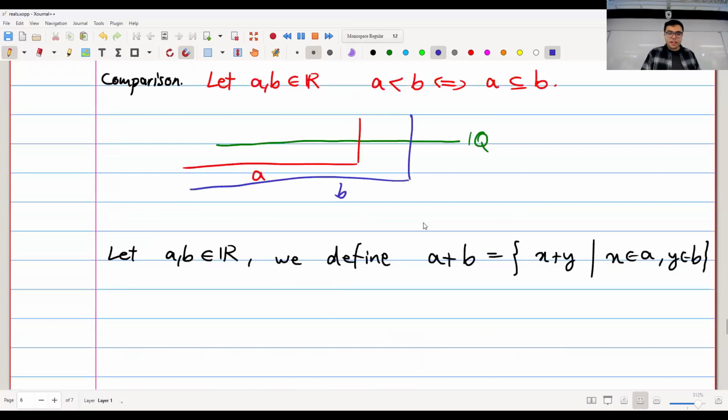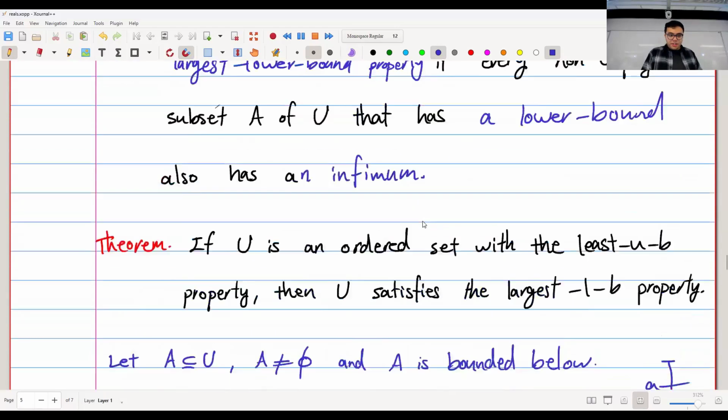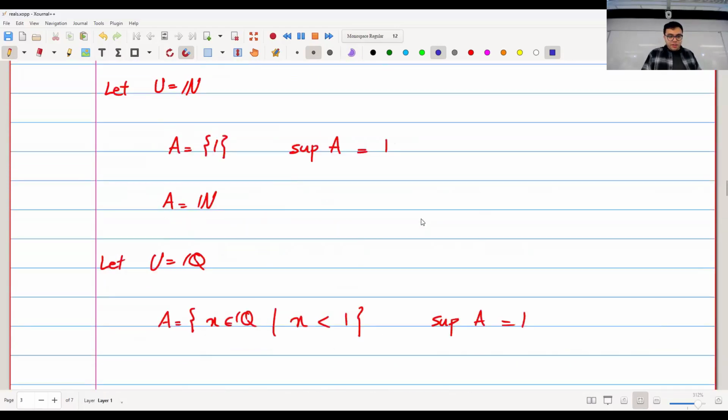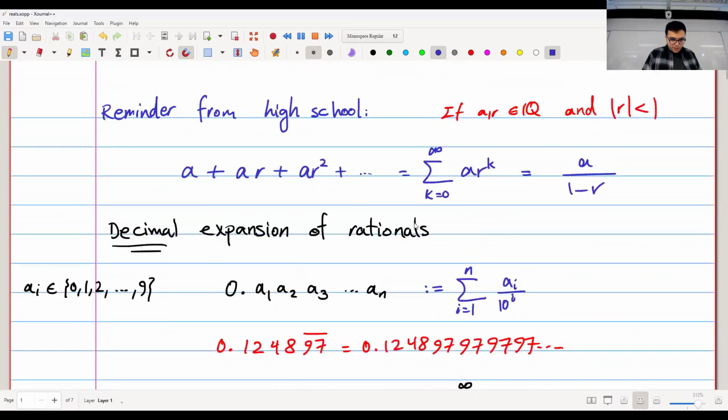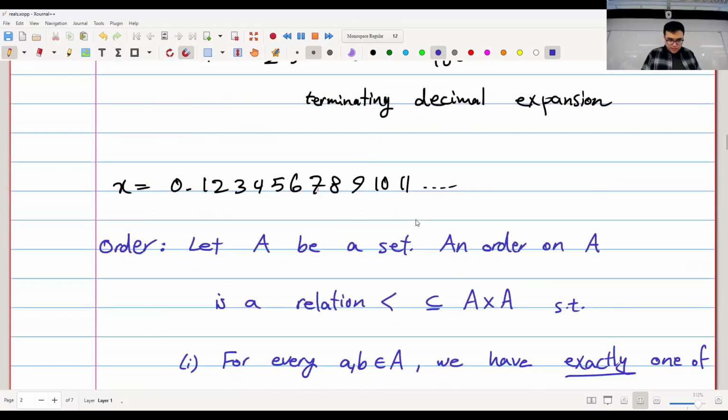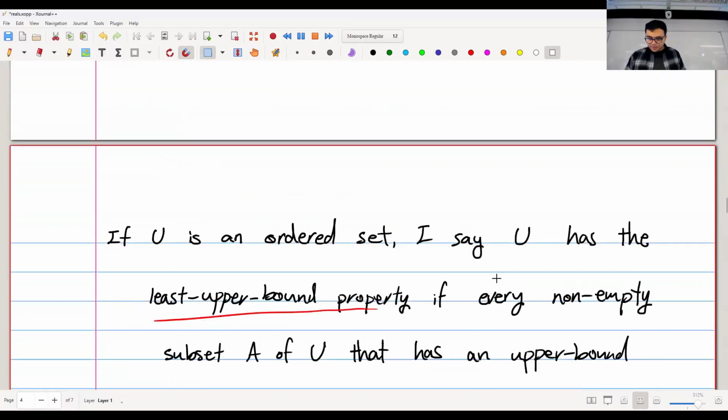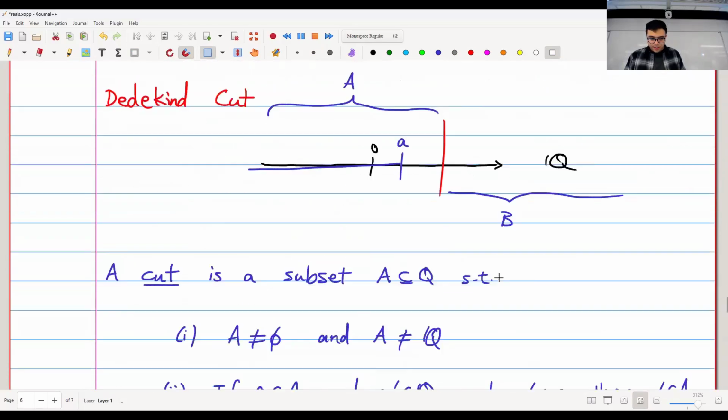Okay, great. So now we go back to this one. I had this infinite decimal expansion. So let's say I have some infinite decimal expansion. This is nothing but a cut, right?